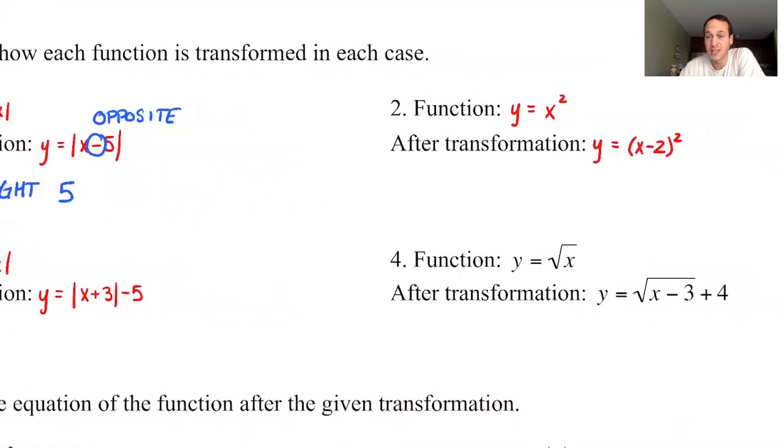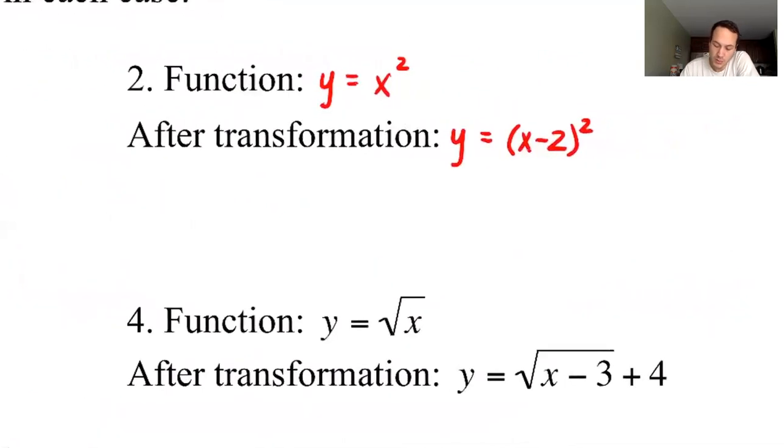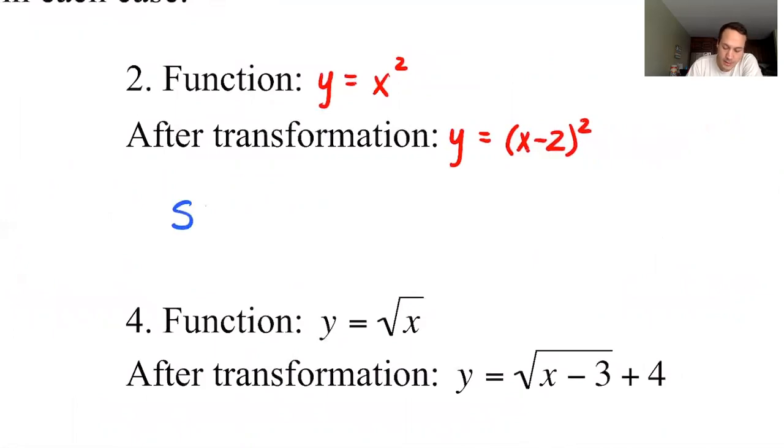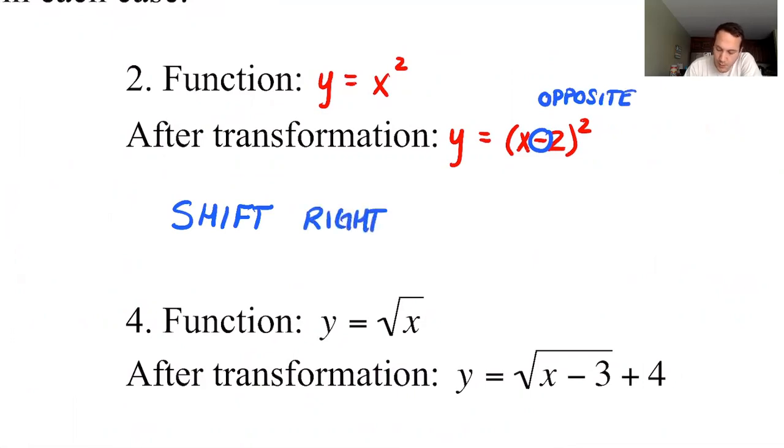Y equals x minus 2 squared. So if you look, there's now parentheses. Those parentheses mean that this is going to move in the opposite direction that you would think. Shift to the right 2 units.